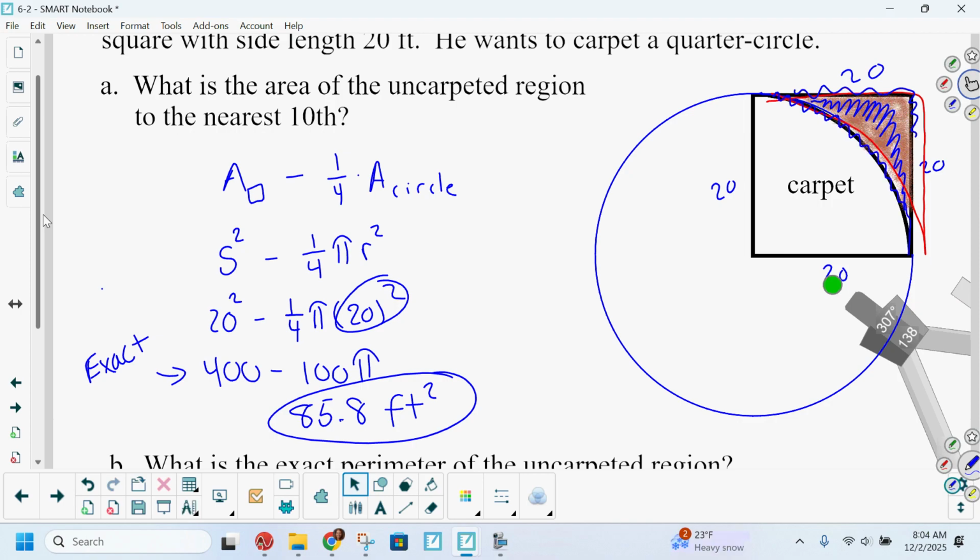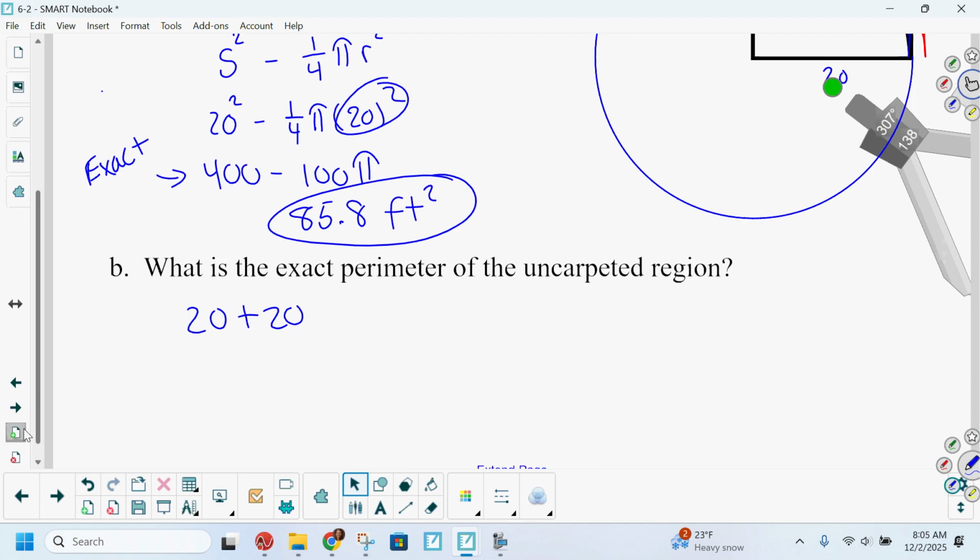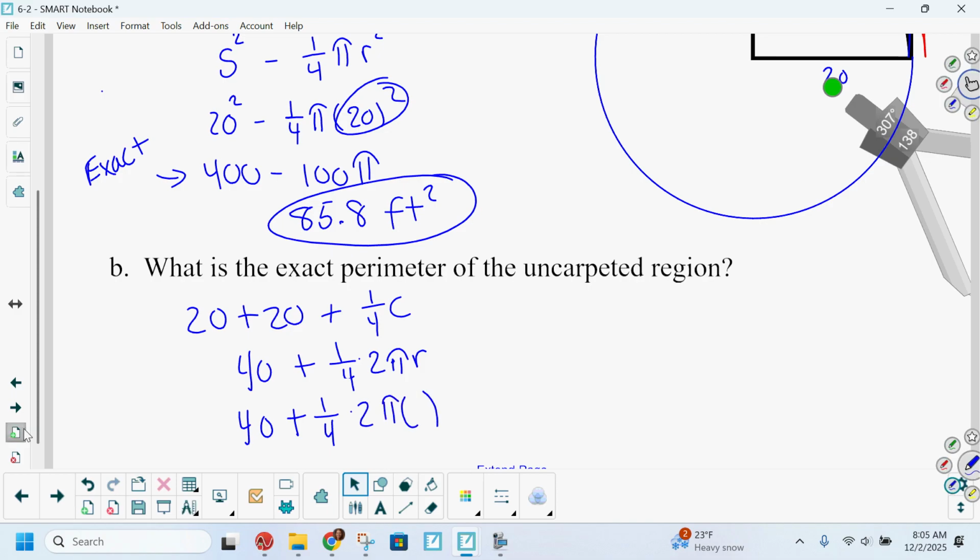Well, if you remember, that's called the circumference when I go around the perimeter of a circle. So I only want a quarter of that, so it's going to be plus 1/4 of the circumference. So I've got 40 plus, and circumference is 2 pi r. So 40 plus 1/4 times 2 pi, and the radius we said is 20.